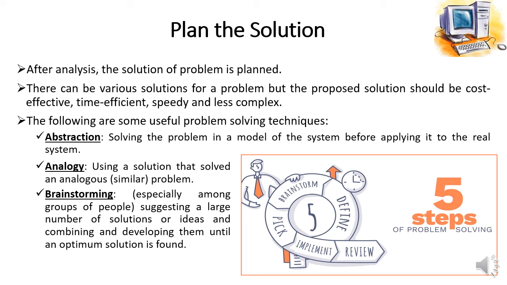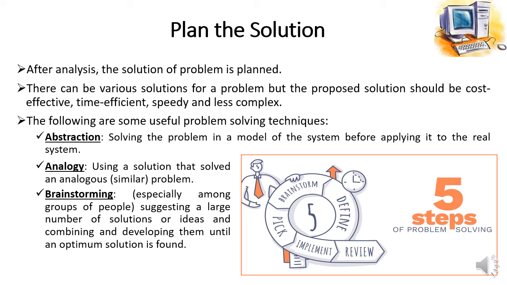Then at the end we will get the best solution, or we can combine different ideas from different people to make a combined and best solution for the problem. Optimum solution means the best solution.